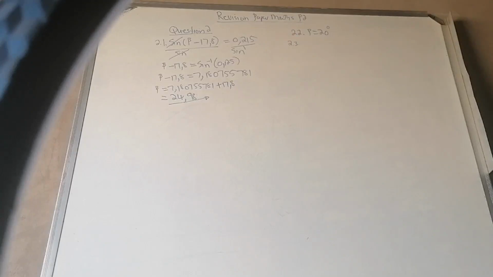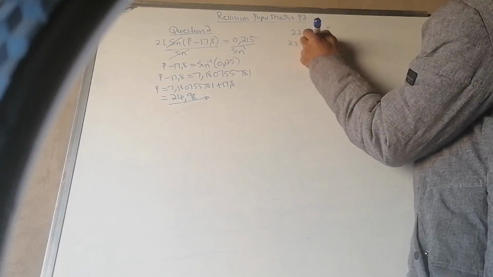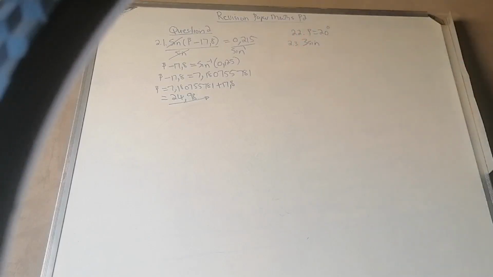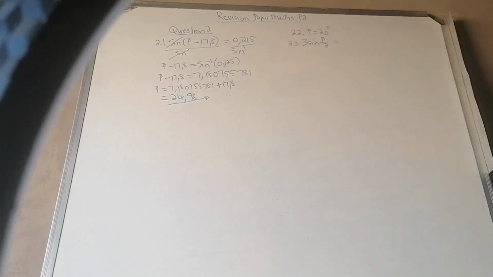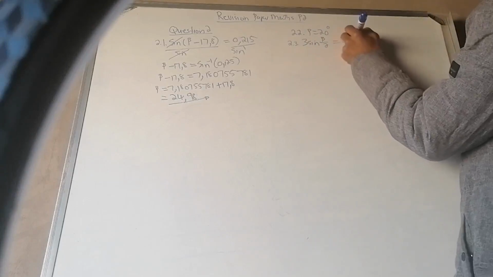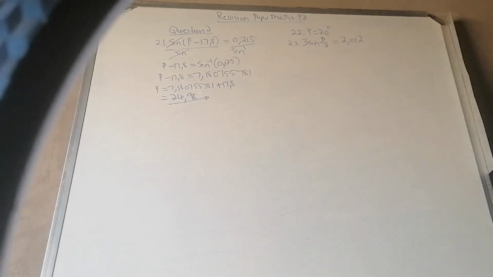Right, 2.3. We have 3 sine of beta divided by 2 equals 2.012. Again, we must find the value of beta, and beta must be an acute angle.